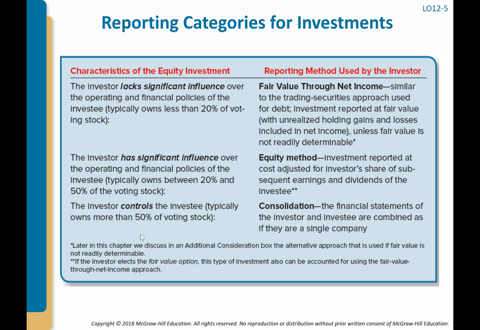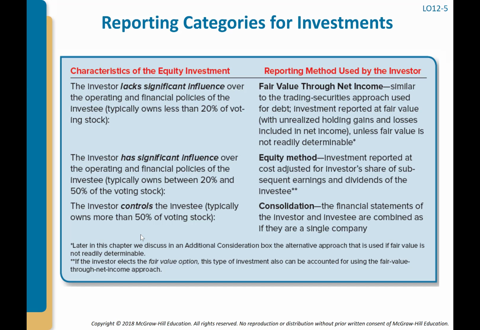If we have purchased 20% or more of the stock, up to 50%, then we will use the equity method. With the equity method, we do not mark the security to market on the balance sheet. We will basically take our original cost, and our original cost will be increased by our share of the investee's income.